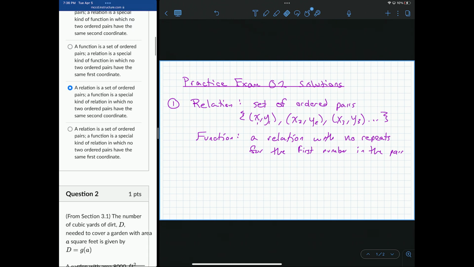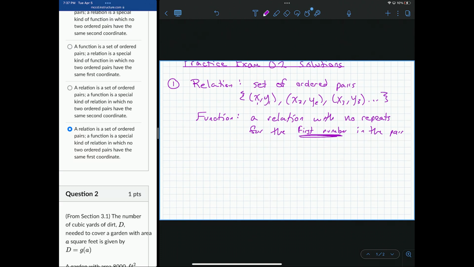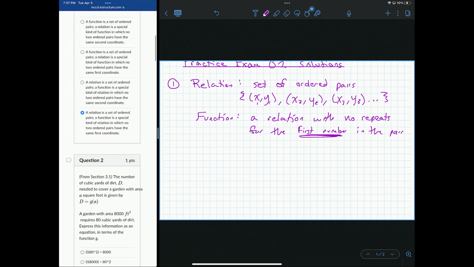So the key there is that that one says second coordinate, but the trick is that it's the first number that can't be repeated. So it must be this one. A function is a special kind of relation in which no 2 ordered pairs have the same first coordinate. So the option is the one that I marked.